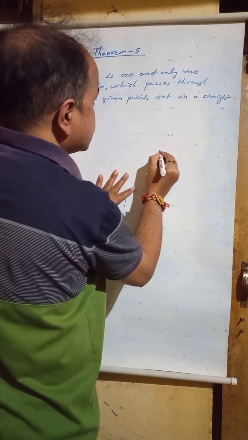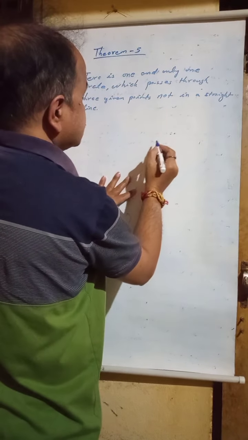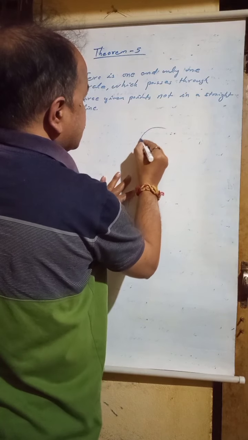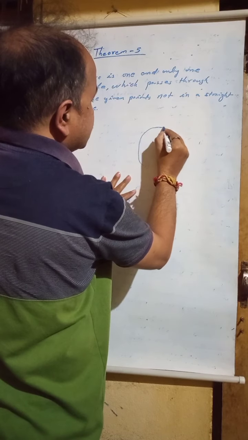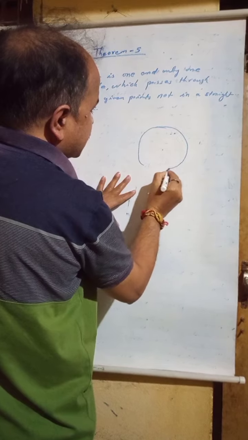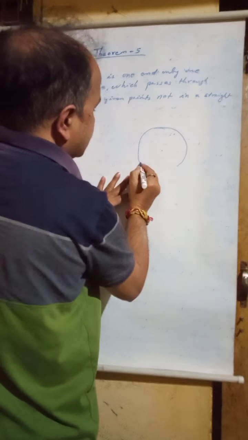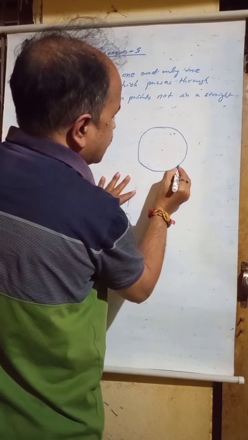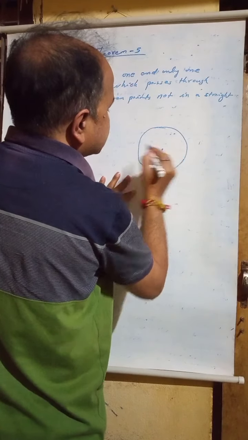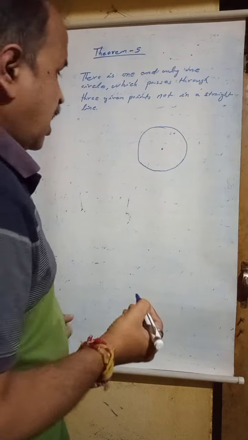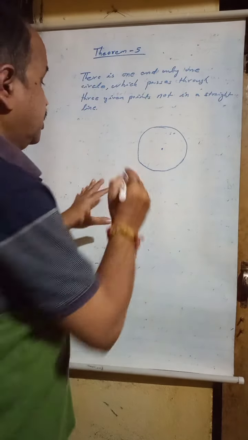Suppose I'm just drawing the circle first, okay? Here you can see, I am taking three different points.